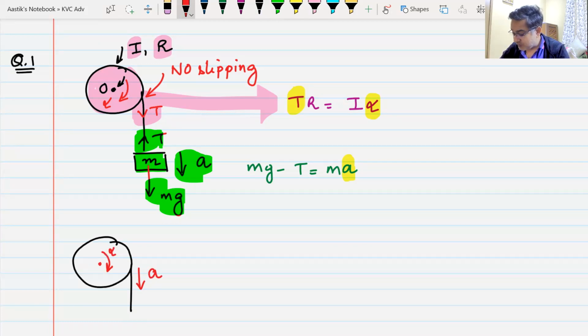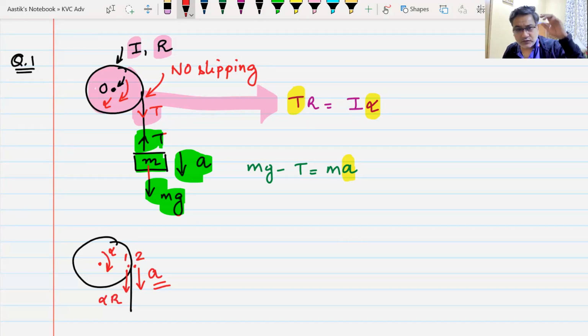If I take two points, point 1 on the pulley and point 2 on the rope, they must have the same acceleration downwards, otherwise they will slip over each other. Acceleration of point 2 is A in the downward direction. Acceleration of point 1 is alpha, the angular acceleration, into R in the downward direction.